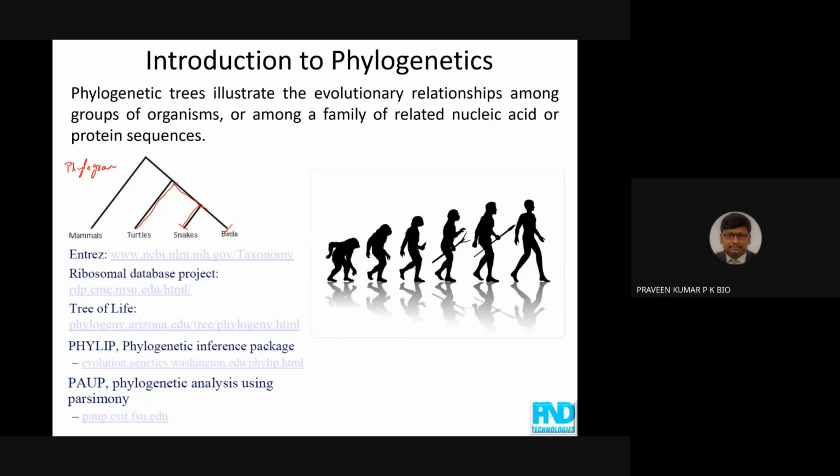If you go to the birds, you have to go up to this, a lengthier line. So we can infer the snakes are more closely related to turtles when compared to birds, based on the length of the tree.